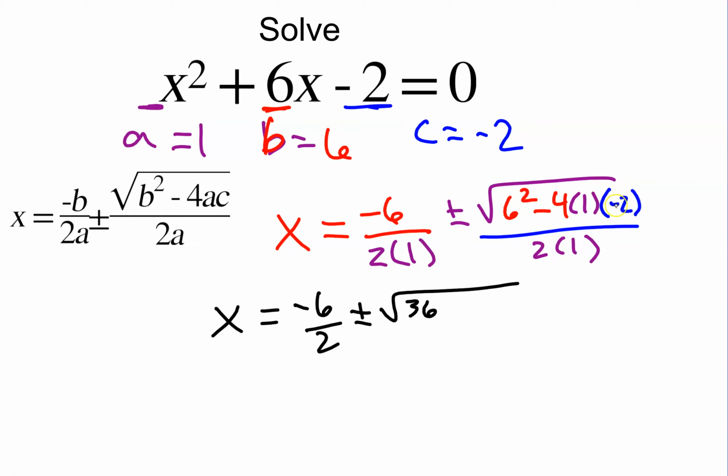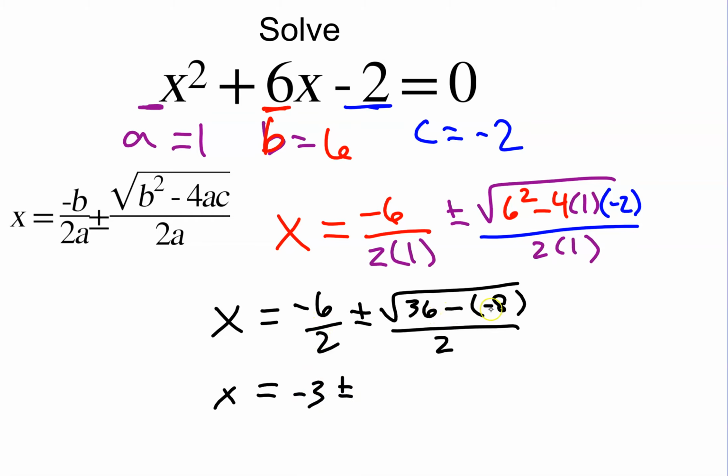We have a negative c, and we're subtracting 4 times 1, which is 4, times negative 2, which is negative 8. So we are subtracting a negative 8, and this is being divided by 2 times 1, which is 2. To clean it up a little bit, negative 6 over 2 is negative 3.